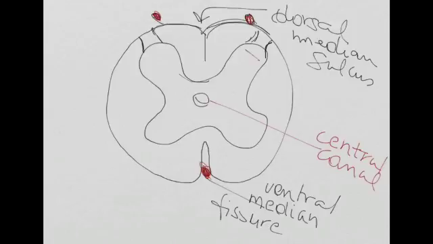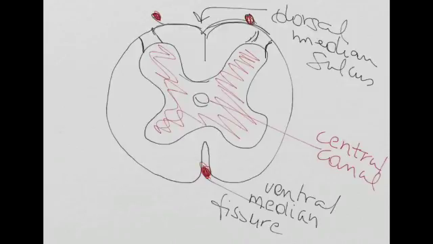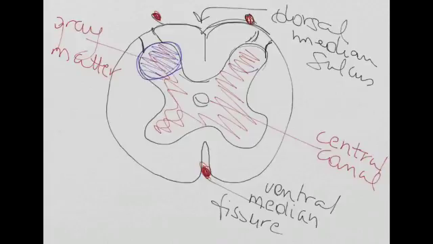The inner, close to butterfly-shaped structure is the gray matter of the spinal cord, and this is divided into dorsal horn, and ventral horns.